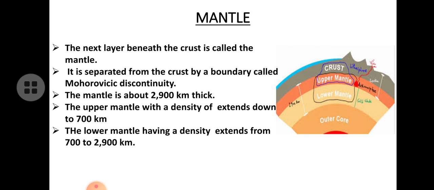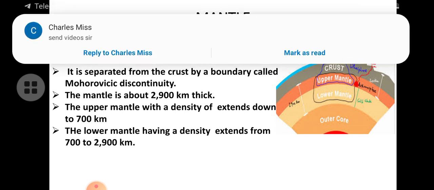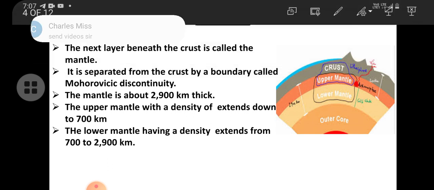It is liquid in nature because of the extreme temperature of our earth. Crust is the solid part of our earth, but mantle is in liquid state. You could see the lava, isn't it? Lava, magma, which comes out of the volcanoes. So they are in liquid state.